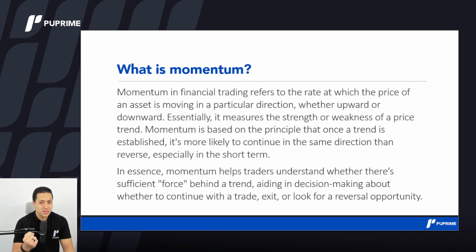So only in certain cases will I join this trend because the trend is my friend. However, in other scenarios, even if prices are going higher, I can see that it's not really powerful. The momentum is not so high, momentum is low. That's when I should take a step back and say, okay, is this trend really my friend, or should I wait for a reversal?